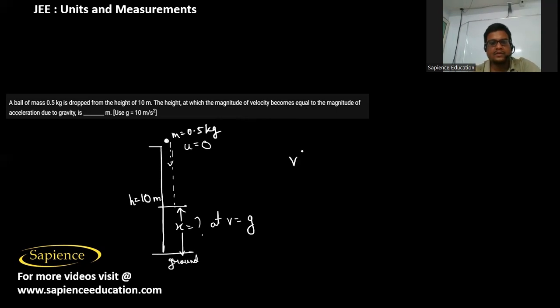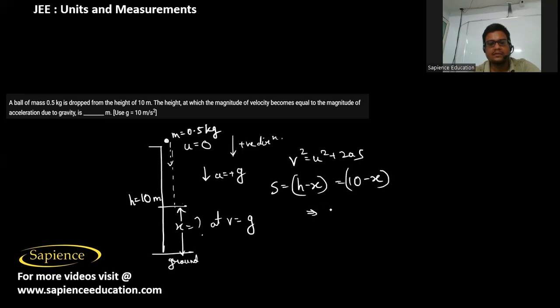As you know, v square equals u square plus 2as. Let's take vertically downwards as the positive direction, so acceleration will be plus g, and g is equal to 10. The displacement will be h minus x, that is 10 minus x.